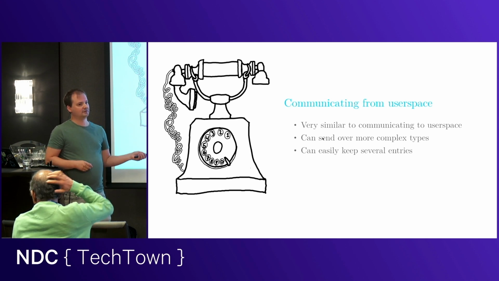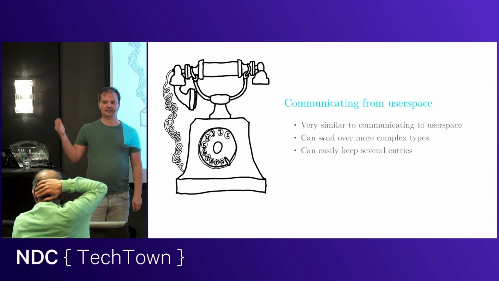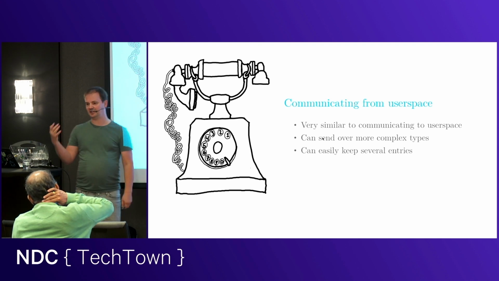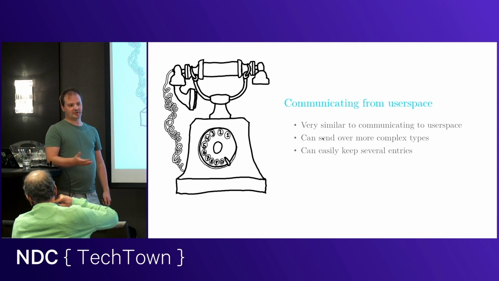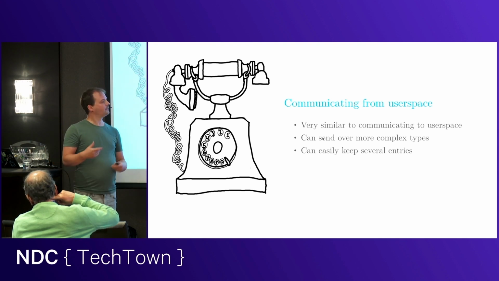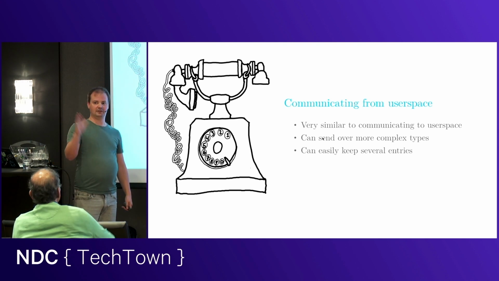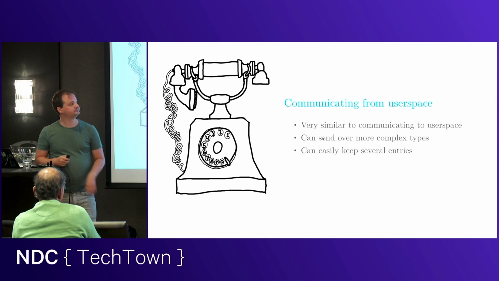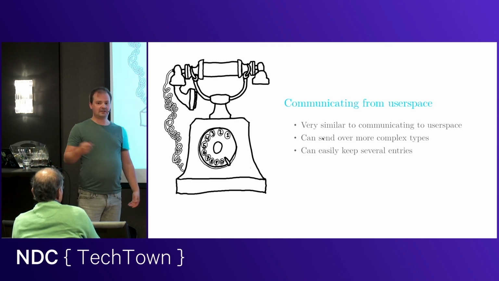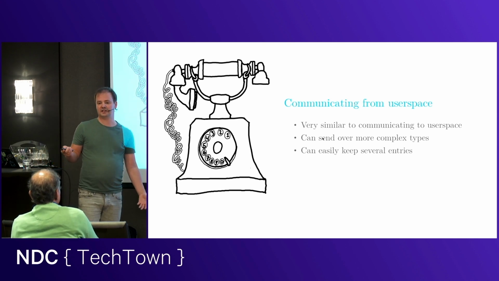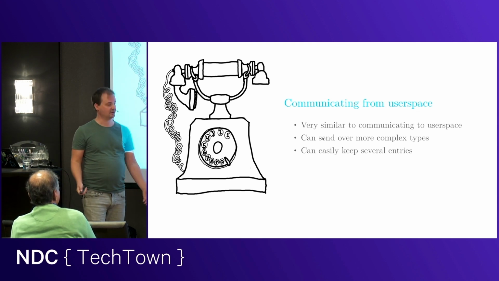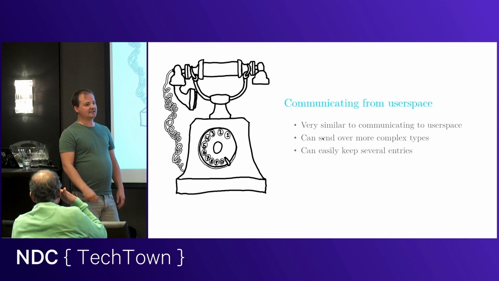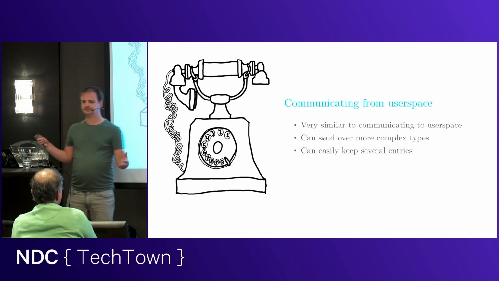So instead of just saying from the user space to watch this parent PID, I'm going to give it a list of strings, which are paths into the file system, and say that when these are executed, then you tell user space. And you do that with a map, just like we did to get data from kernel space to user space, because then we can send over more complex types like a string, and you can easily keep multiple entries.